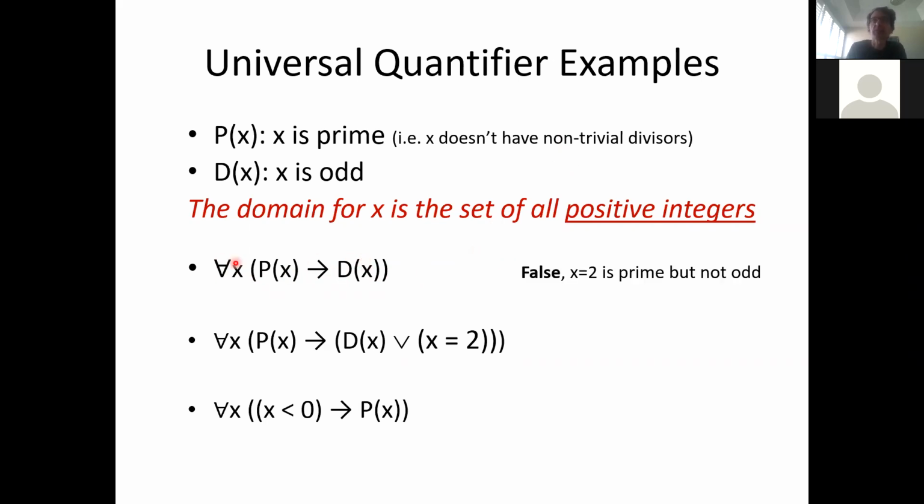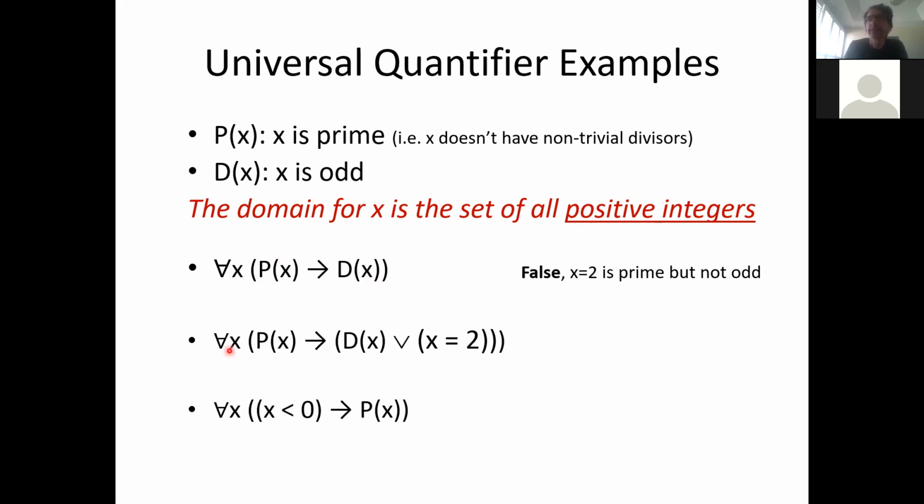So the statement that for all x's in the domain this implication holds is not true. There exists an x which makes this statement false, and that's the x that makes this part true and this part false. The only x like that is 2. It is prime indeed, it doesn't have non-trivial divisors, but it is not odd.